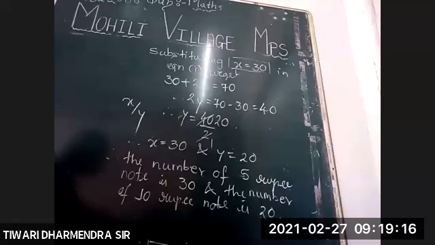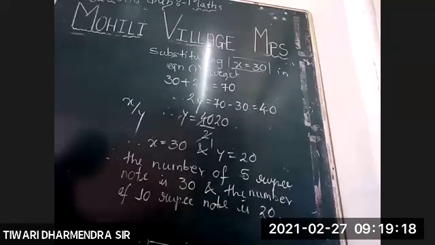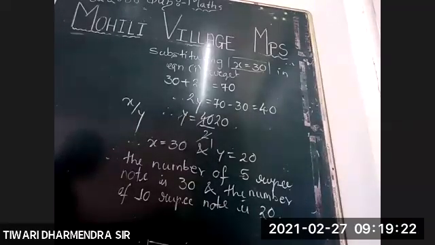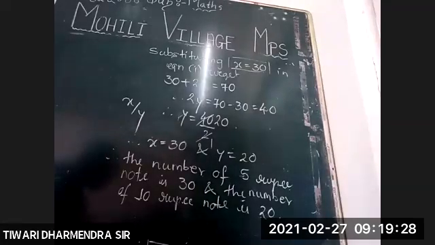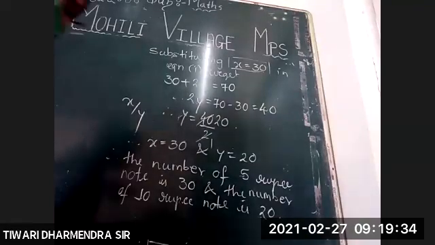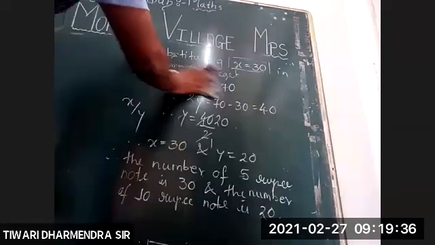So let's start with problem number 4, which is a bit interesting. We have to think on this. We cannot get the answer directly. The total number of lions and peacocks in a certain zoo is 50. Okay, lions and peacocks. So let me do the rough framework for you.